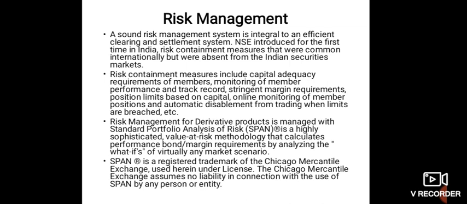Through this interface we will come to know where the risk has actually arisen, and from that we will get the solution, right? This SPAN software was introduced by NSE for the first time in India. After that, the BSE also introduced SPAN.